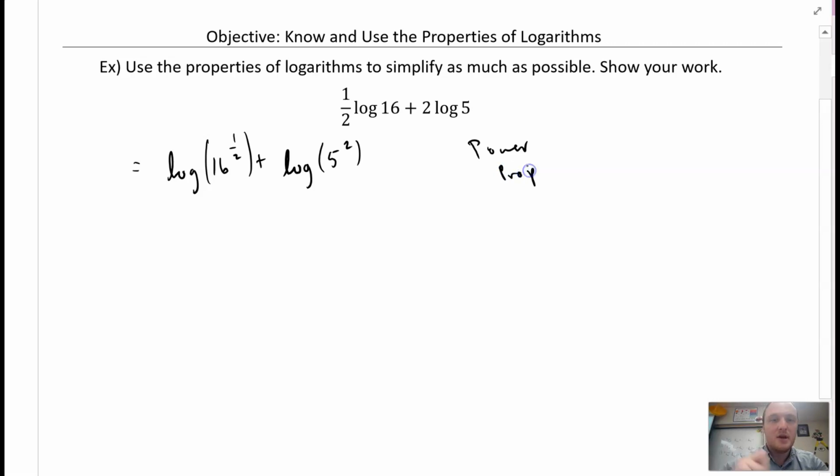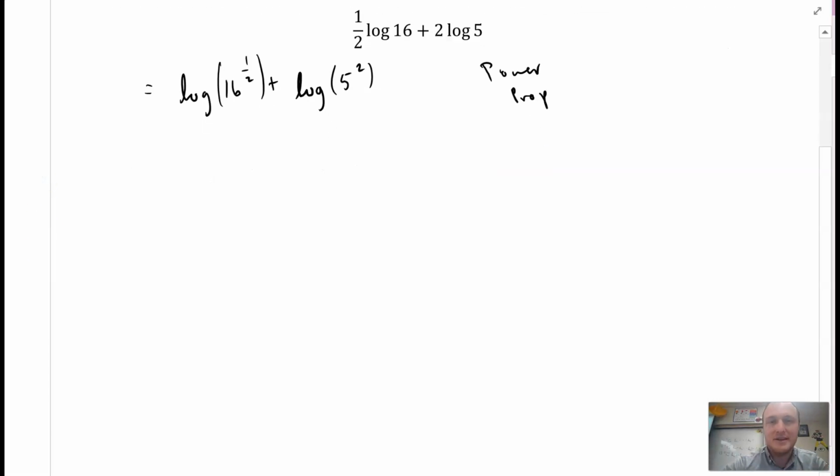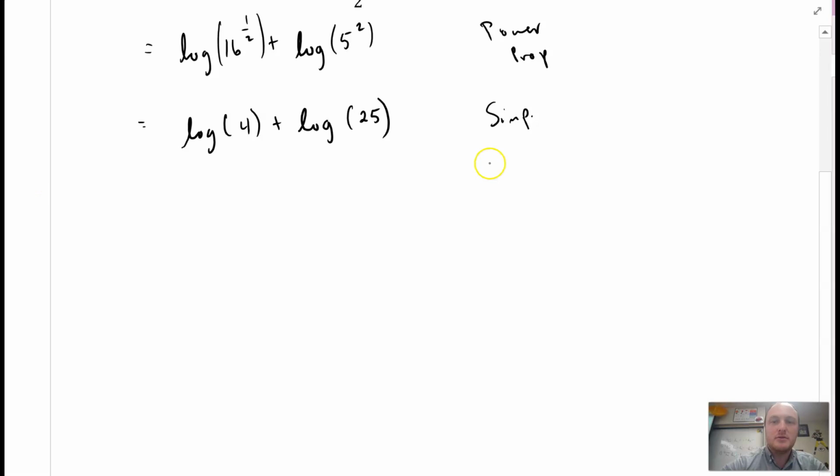of logarithms. Okay, now I'm just going to clean house. 16 to the power 1/2 is 4. So log base 10 of 4 plus log base 10 of 5 squared is 25. Well, now I'm going to use the product property.